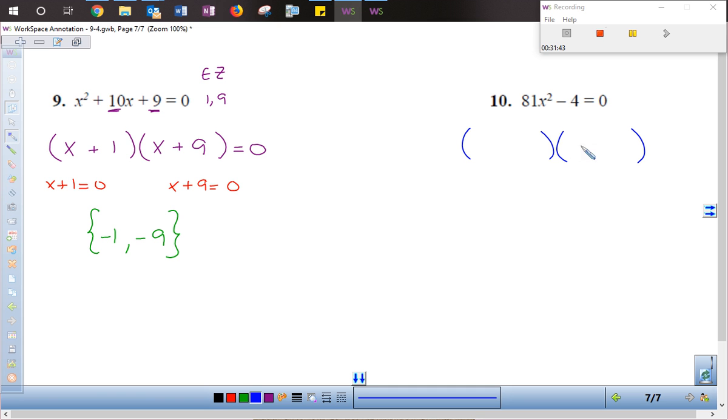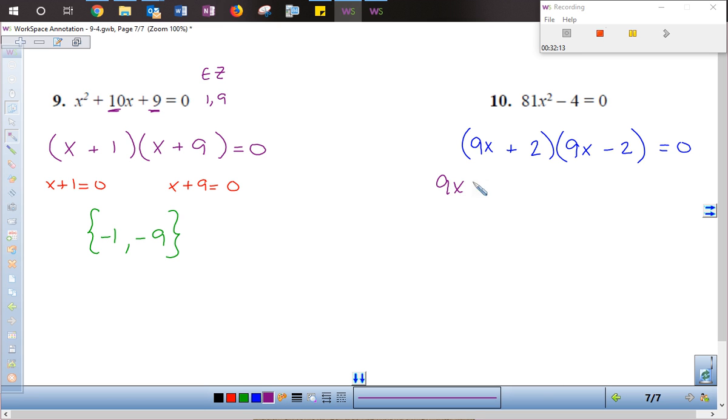Now to find the first term, we need to take the square root of our first perfect square. So the square root of 81 is 9, and the square root of x squared is x, so I have 9x. Now I need to take the square root of my second term here, 4. Now the square root of 4 is 2, and then one's going to be plus, and one's going to be minus, and I can set those equal to 0.